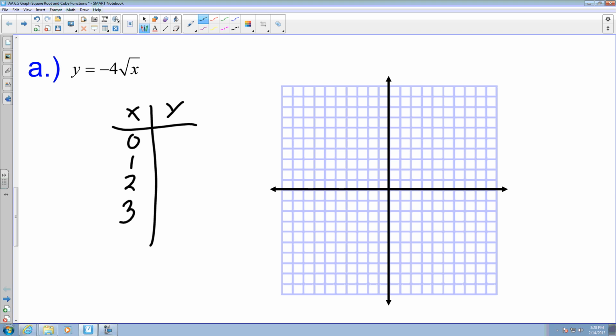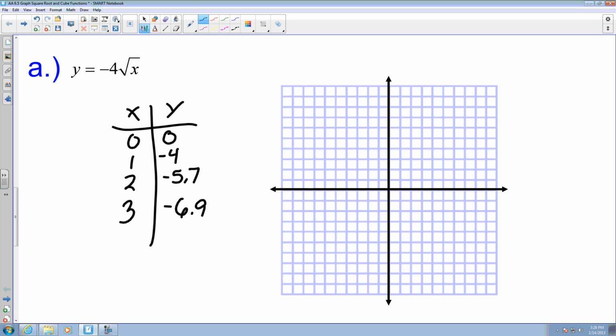If x is 0, y is 0. If x is 1, my y is negative 4. If my x is 2, my y is something like negative 5.7. And if my x is 3, my y is like negative 6.9.